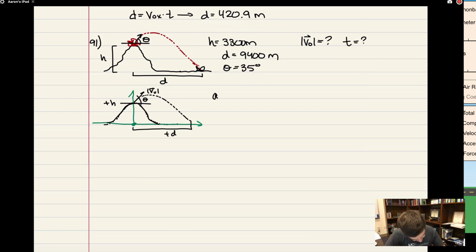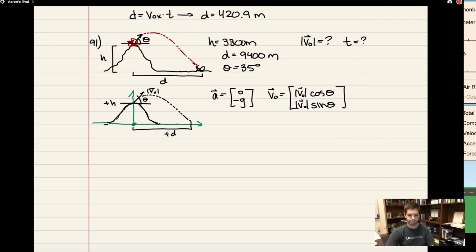All right, so what do we know? Acceleration, again, is easy. If up is positive, gravity points down. The initial velocity, again, I'm going to write it like this, since I know theta, and I'm solving for the speed. And then my displacement, final minus initial.